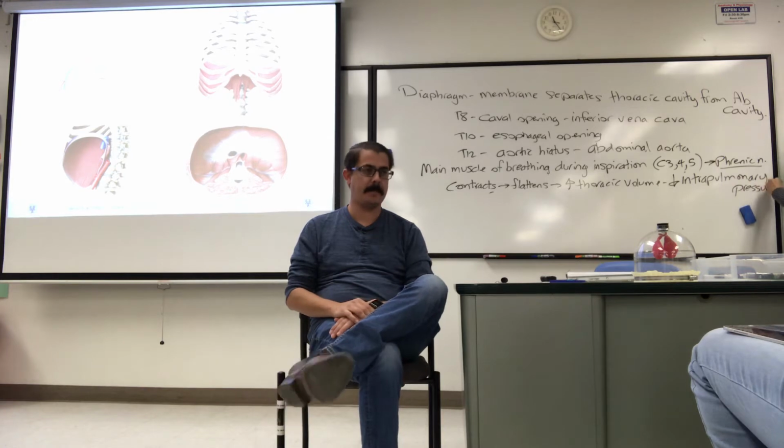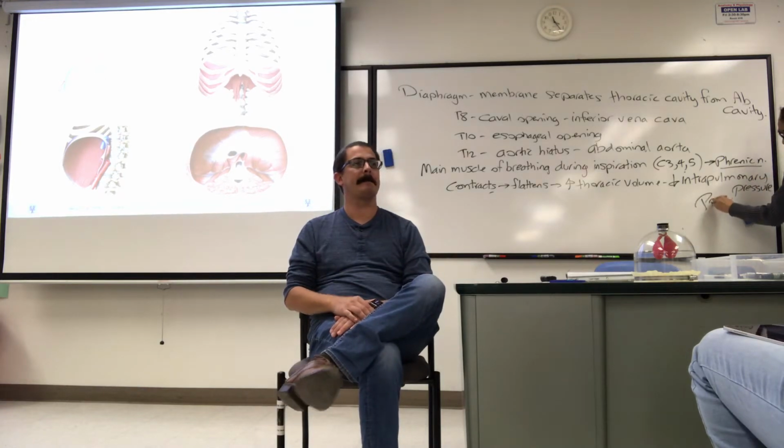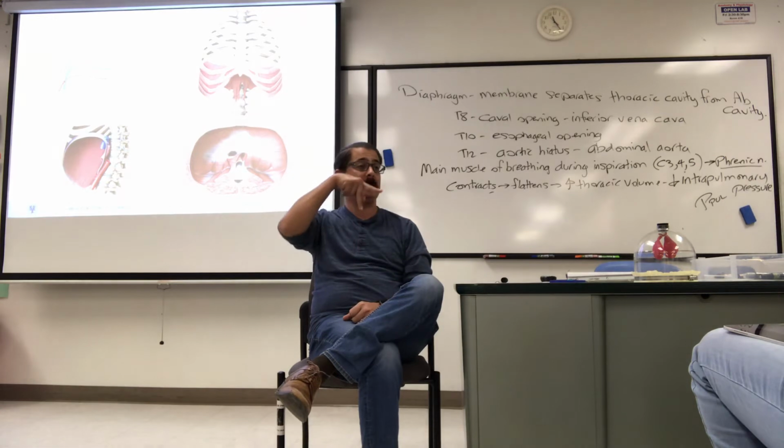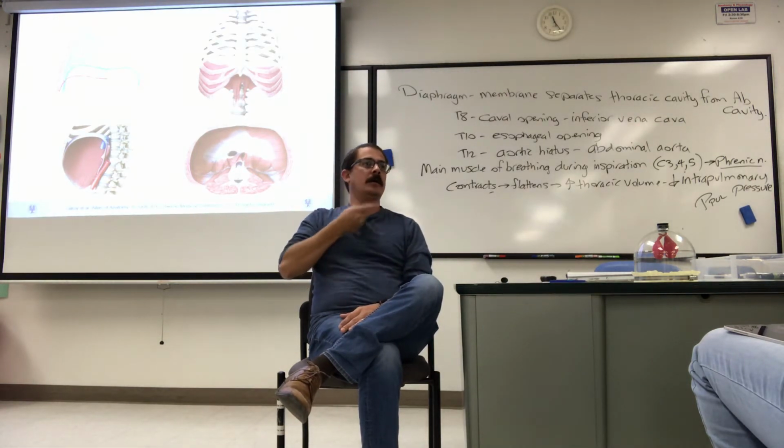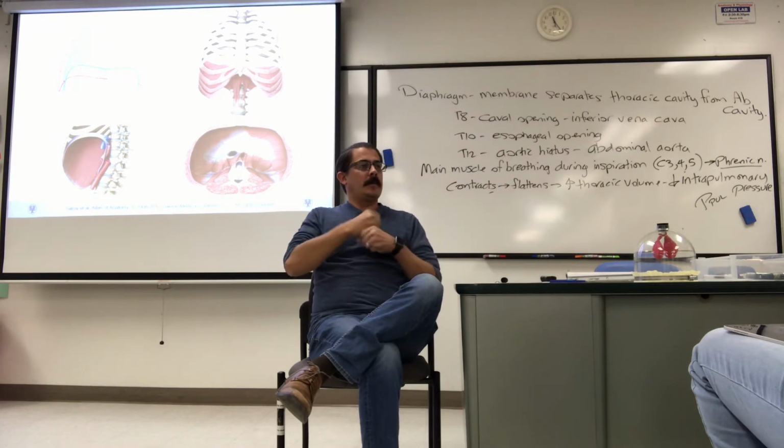I do abbreviate that in lecture, capital P, small pul, intrapulmonary pressure. And that will help air flow into the lungs. You're creating a negative pressure inside the little alveolar spaces just by expanding your chest cage.